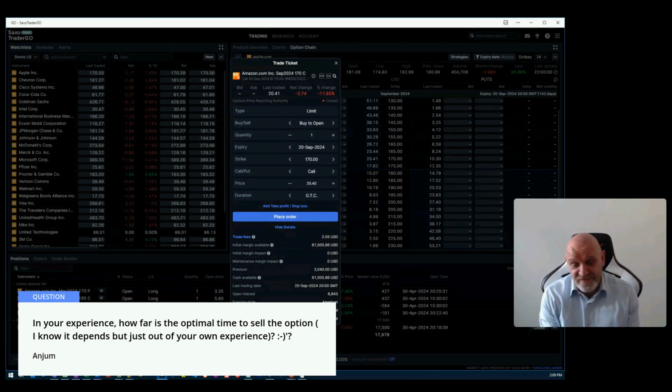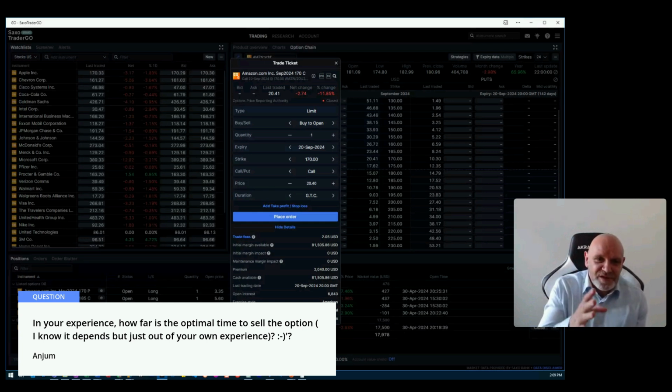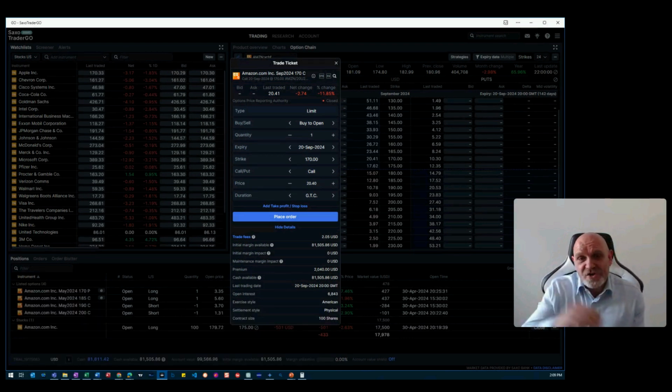That's a commonly used time frame. Research shows that the price of an option starts to go down once you reach 60 days from expiry, and then it goes faster and faster, and in the last 7 days it really goes super fast down. So the value of your option is really losing its value very fast in the last few days.